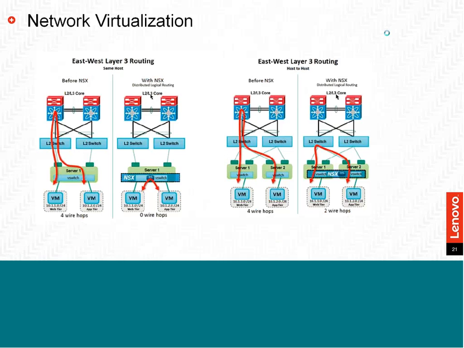So here's a good example. I borrowed this from VMware. There are two different examples here. I'll look at the left first. I've got a virtual machine inside a server, and then it connects to a layer 2 switch, and then at the top it goes to some kind of core device.